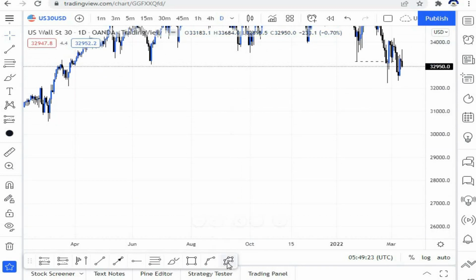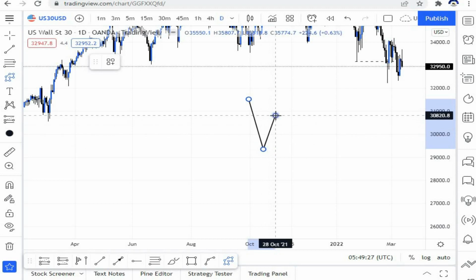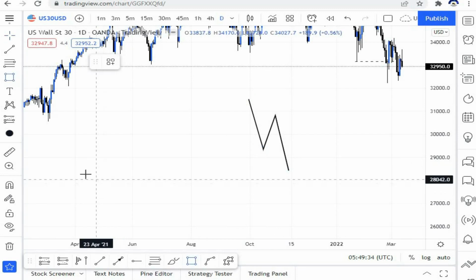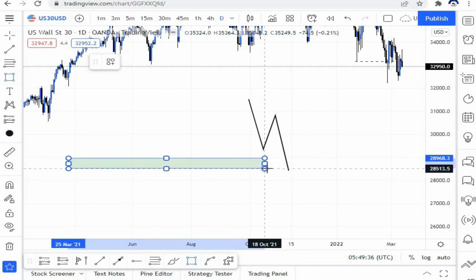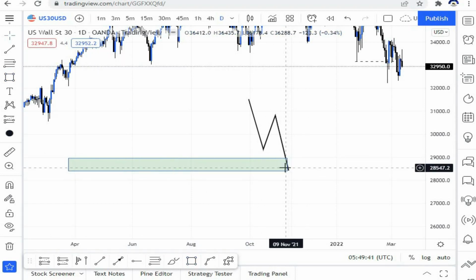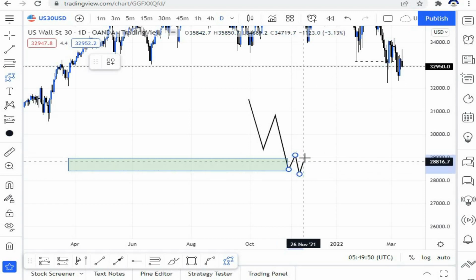Whenever price gives you a break of structure, for the market to return here, they have to respect some demand zone on our left side. Once they reach the demand zone, you go to 15 minutes, because that's where you find your change of character.